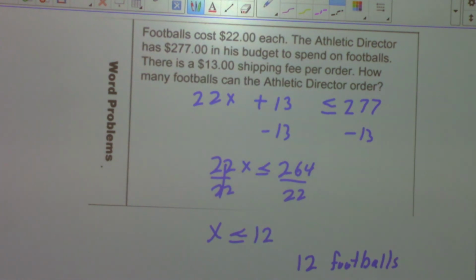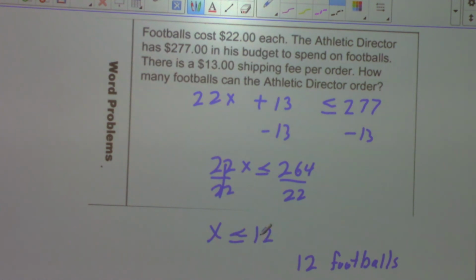What'd you say? I said, wouldn't you know that it's equal to since it comes out evenly? Yeah, that's true. You know it's going to be 12, but let's say, for instance, now Victoria makes a good point, but let's say that the answer is 12.5, right?